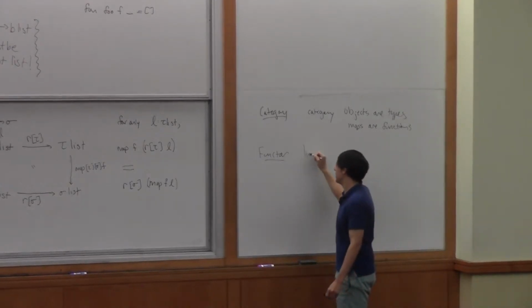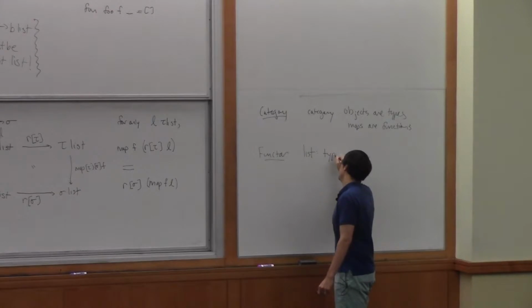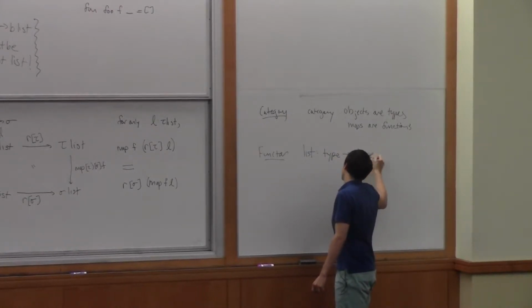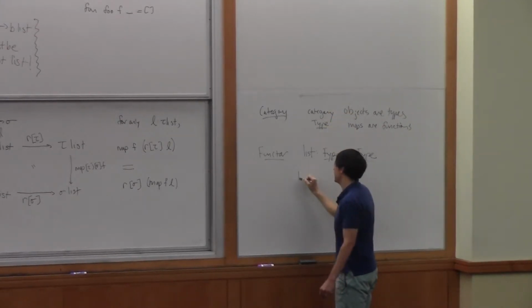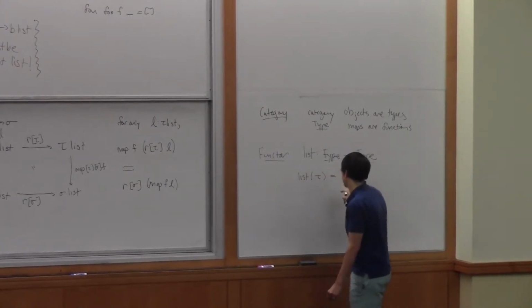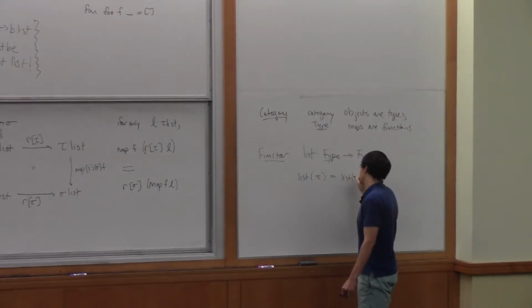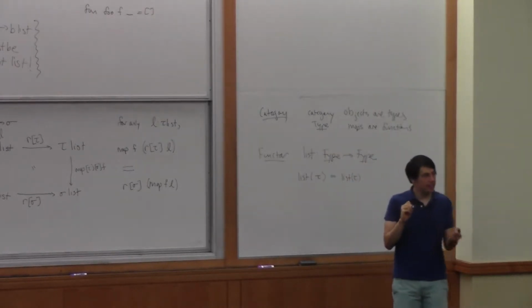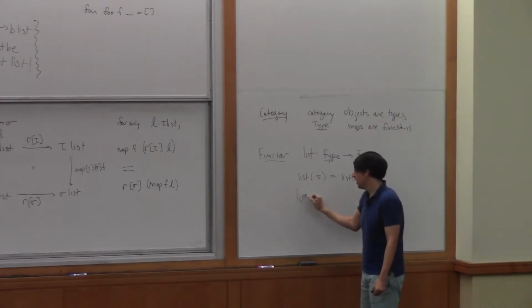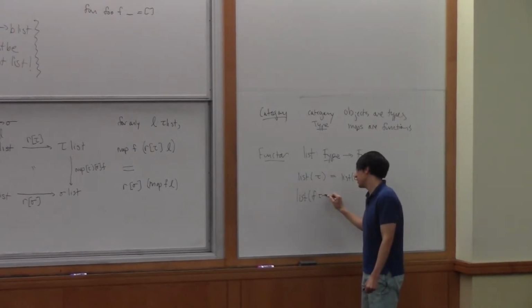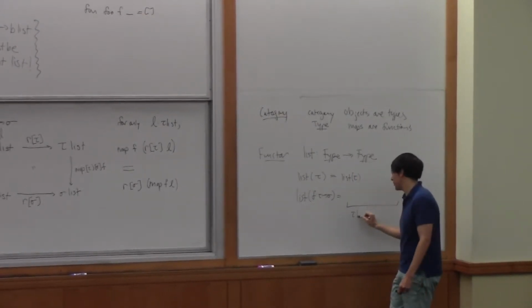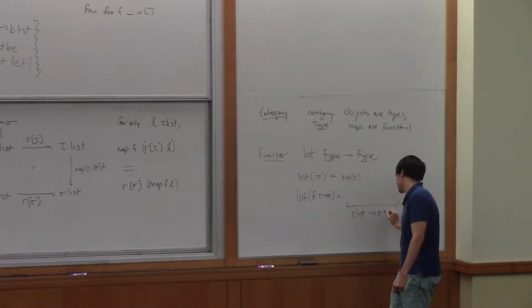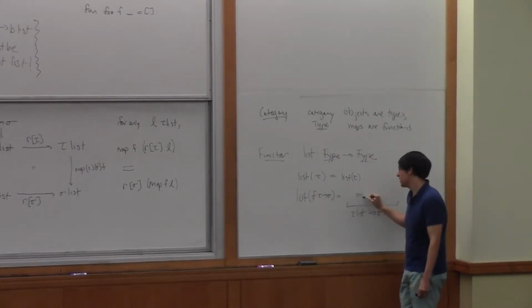In particular, list will be a functor from types to types, if I write type for this category up here, because list sends an object that is a type tau to a type list of tau, right? And list also sends a function from taus to sigmas to a function from tau lists to sigma lists. Well, what function is that?